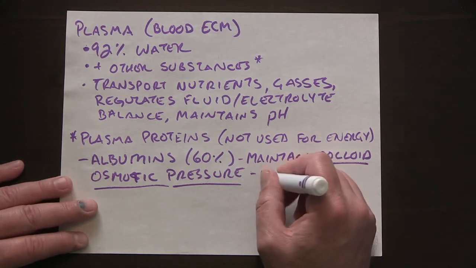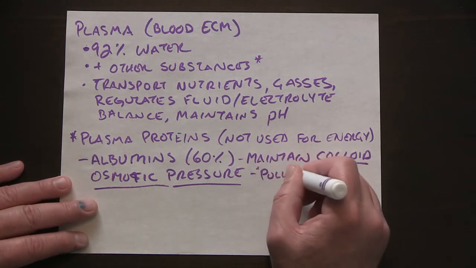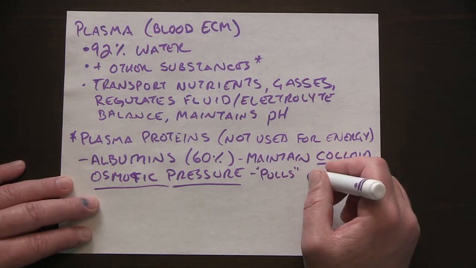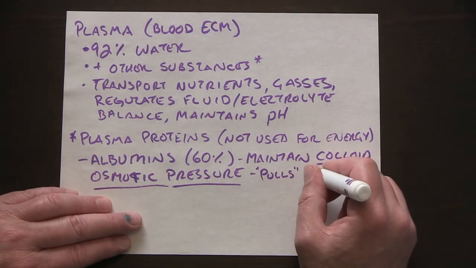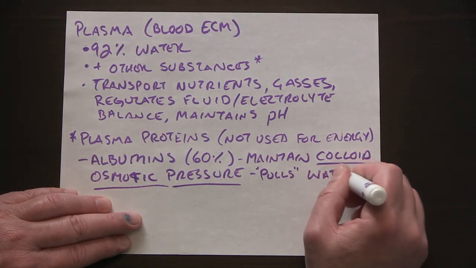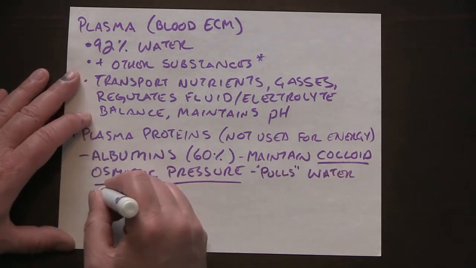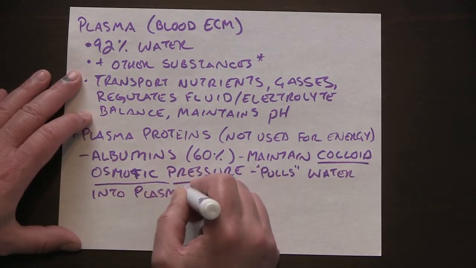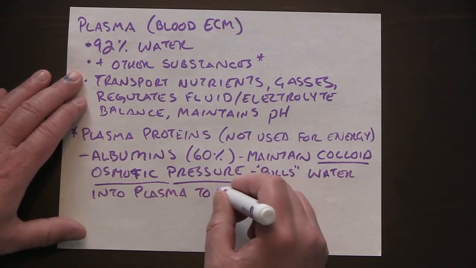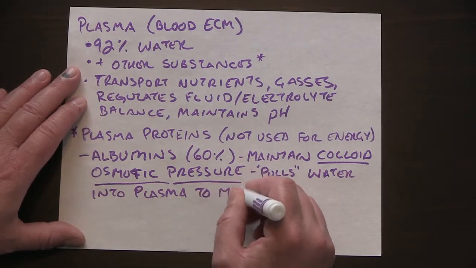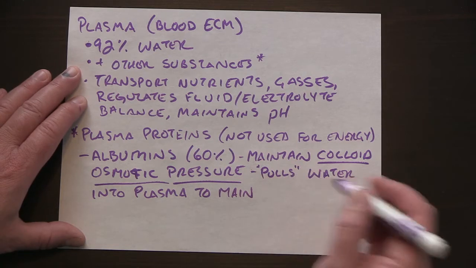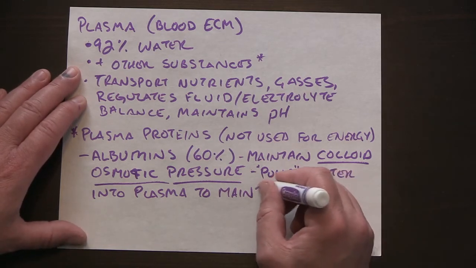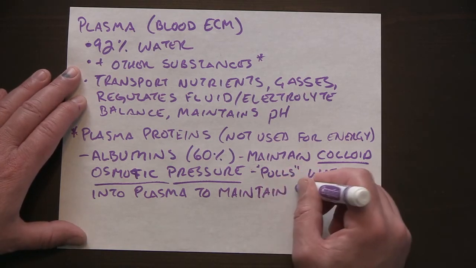Essentially what this does is it pulls water and fluids into the blood. I'm going to totally run out of room. Into the blood or the plasma. And it plays a relatively large role in helping maintain your blood pressure.